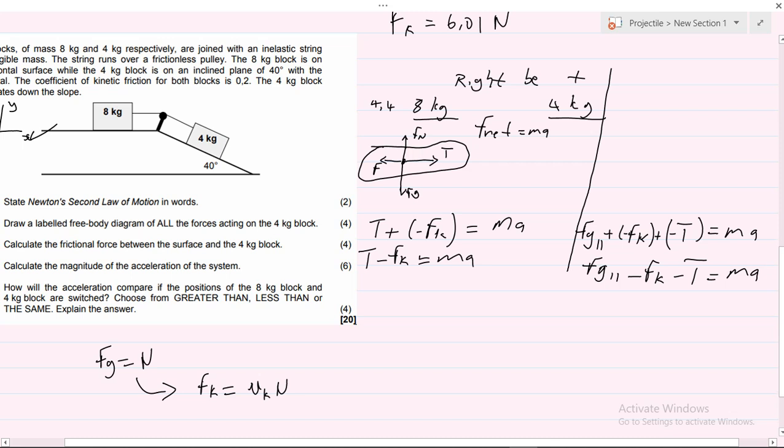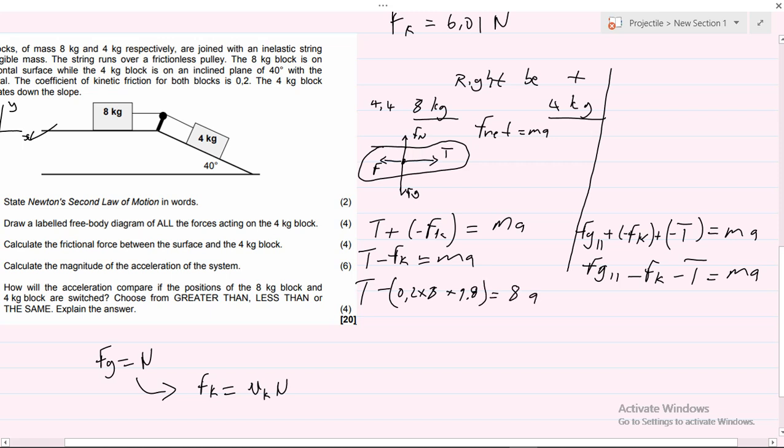So we can quickly do it here. T minus 0.2, which is the coefficient, multiplied by the normal force. The normal force is equal to Fg. Fg is given by 8 times 9.8.